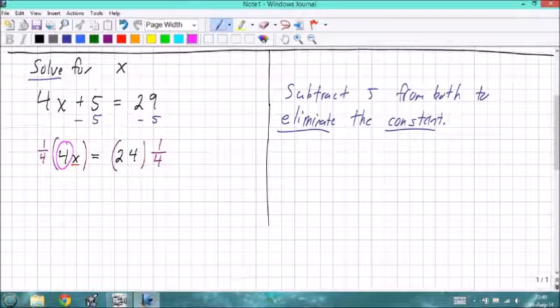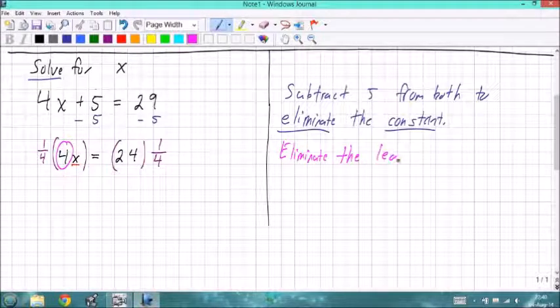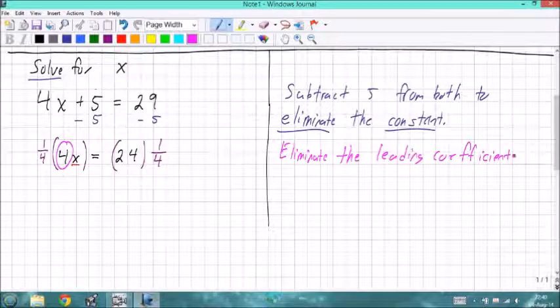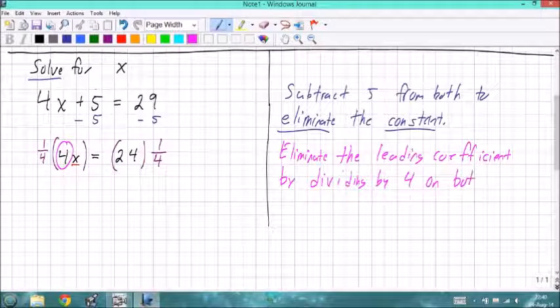So on the right-hand side, I would say eliminate the leading coefficient by dividing by 4 on both sides. And of course, multiplication is division, and so that's not too difficult to do.